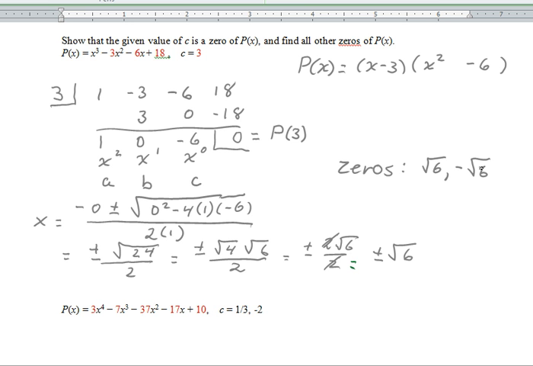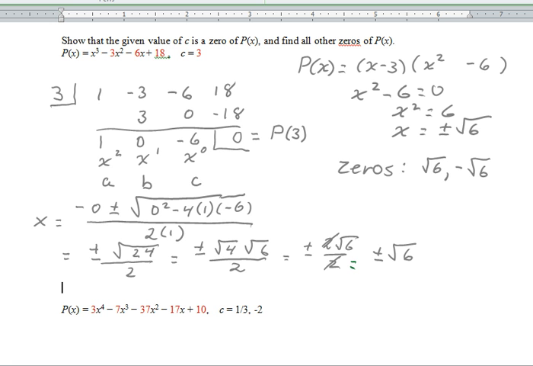Now, in this case, we had another option as far as finding the zeros of x squared minus 6. Since x squared minus 6 equals 0, we'd have x squared equals 6, and using the square root principle, we would have also got plus or minus the square root of 6. But in general, we'll be using the quadratic formula.